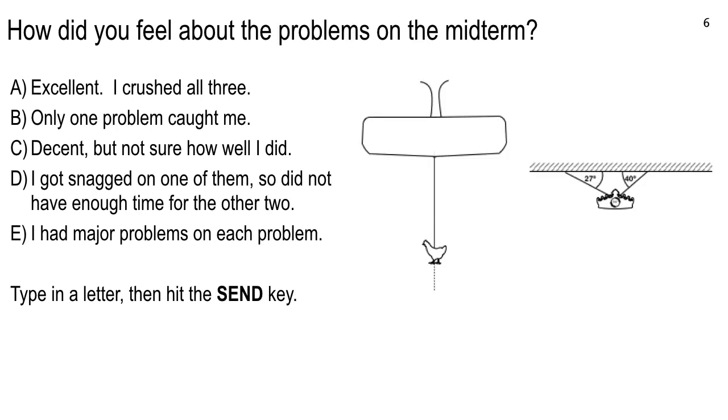Okay, next question is, how did you feel about the problems? Okay, so same thing here. All right, go ahead and type in A, B, C, D, or E, and then hit the send key. What do you got? 71. I'm getting 71 answers here, so that's good. So this one, I can grade this one as well.